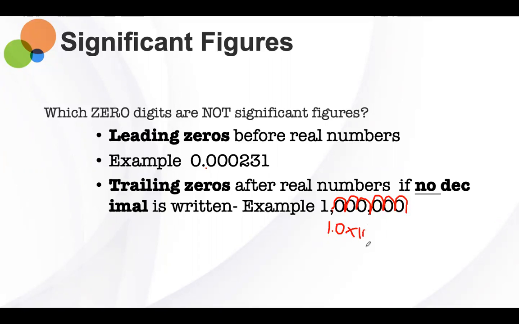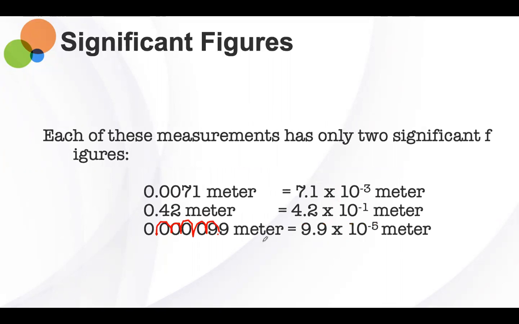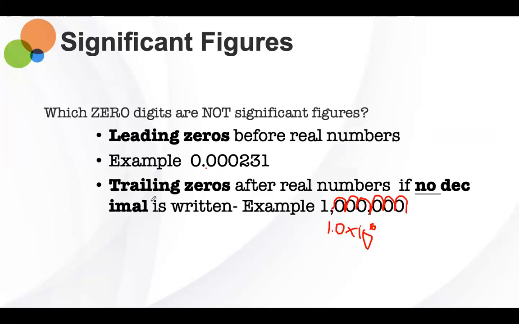Times 10 to the 6, because it is 1, 2, 3, 4, 5, 6, and it is positive because over here we were using decimal points. We're changing the structure of this big number into a smaller number.